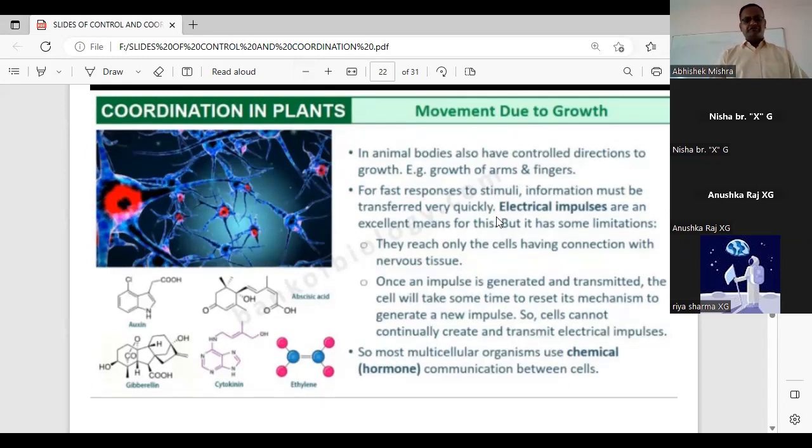Yes, sir. Sir, please repeat the question once again. Two differences between phototropism and photonastism. Phototropism is a directional movement and photonastism is a non-directional movement. Okay. And phototropism stimuli is light.